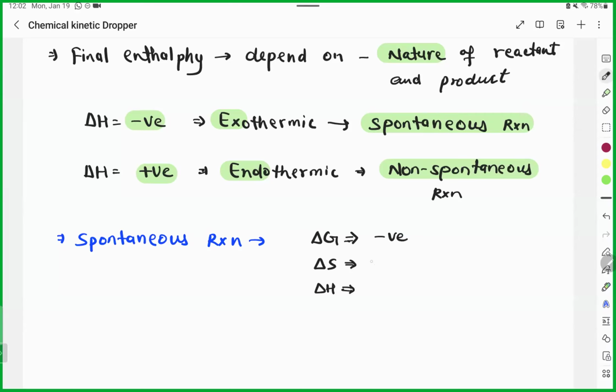Delta S positive, and delta H negative. Pratika, is this correct?